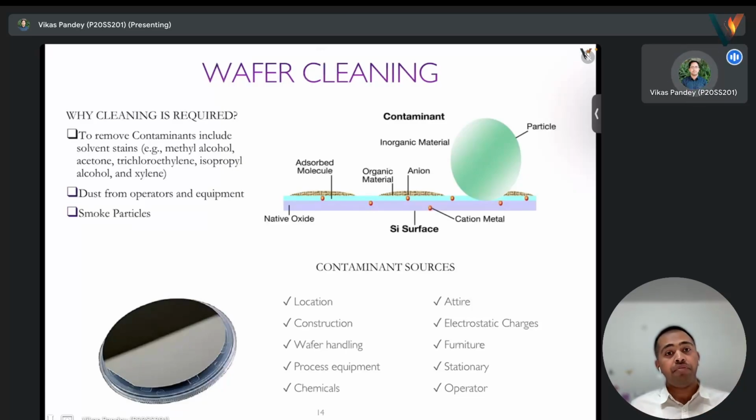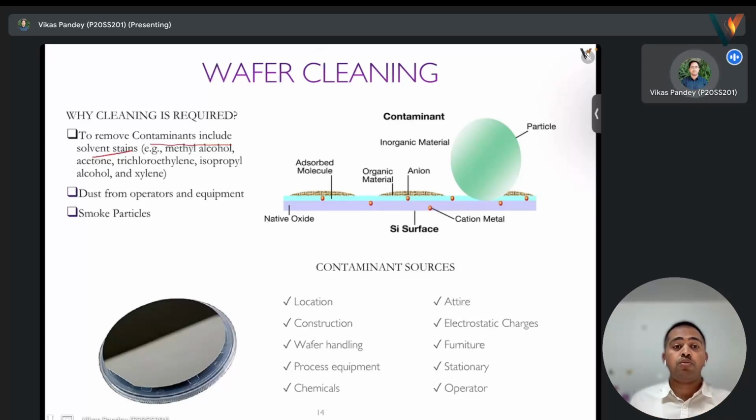Next is the wafer itself. When it has reached you, it can be contaminated and it has to be cleaned. Why is the cleaning required? Because it can have some contaminants and solvents from the processes. Like the ingot we saw, it is sawed, it is polished.